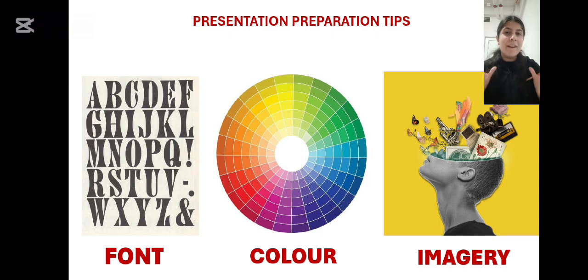And color. Color plays the main role. So you need to really choose matching colors. Don't choose, for example, black and pink in the same presentation. You can choose red instead of pink. Just try to find really good colors.